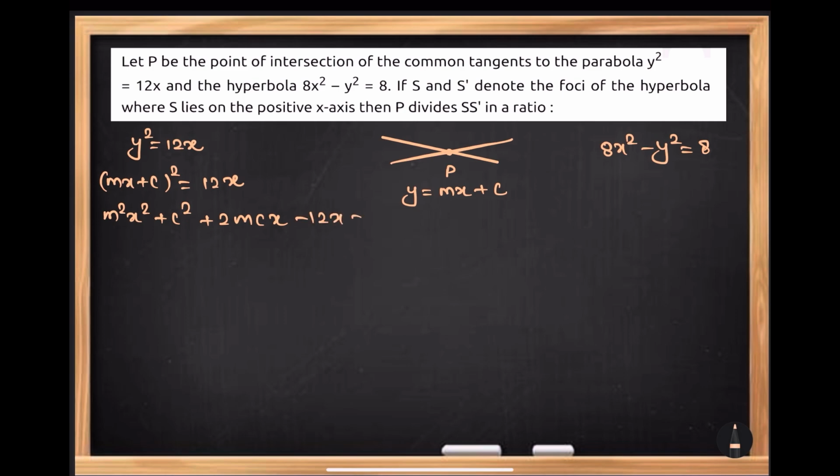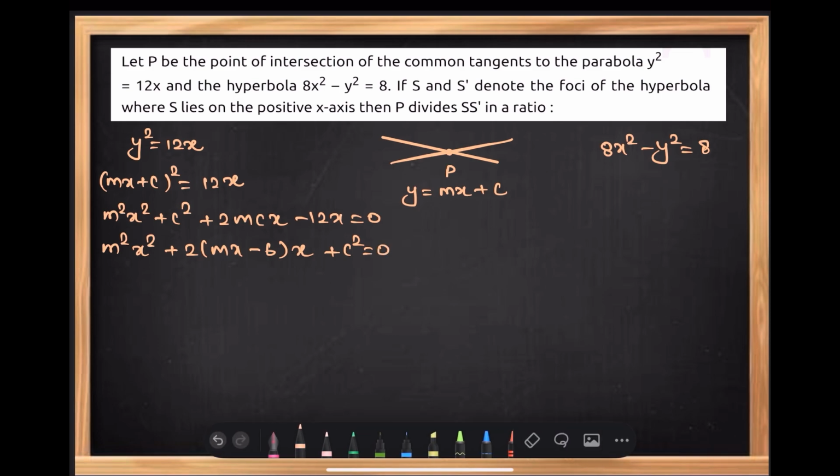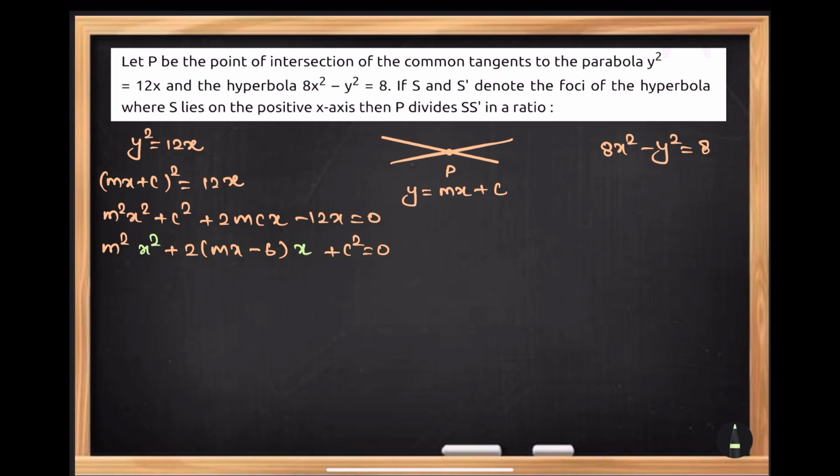Please write this in standard form: m square x square plus (2mc minus 12)x plus c square. So right now we got a quadratic in x, correct. Now we have to put D equals 0 because we want one touch.